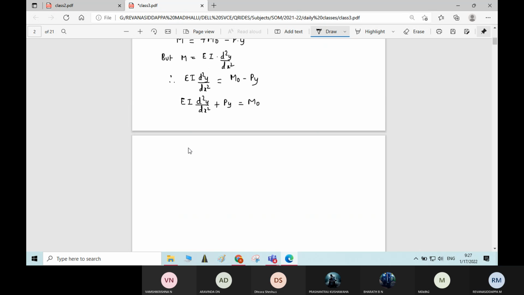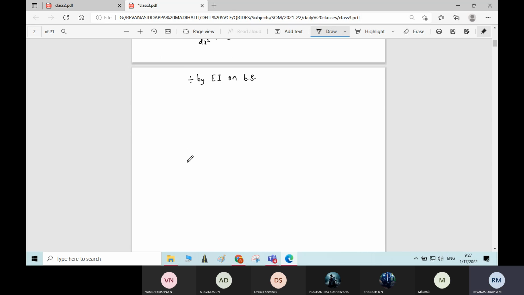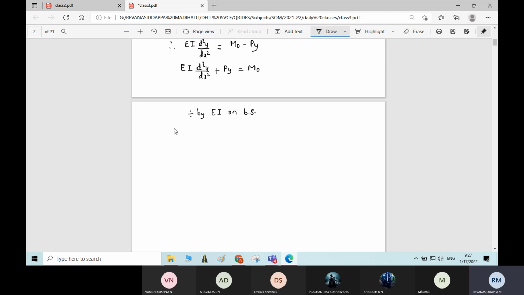Dividing the equation by EI on both sides, what will you get? d²y/dx² plus EI gets cancelled, P/EI into y is equal to M0/EI.